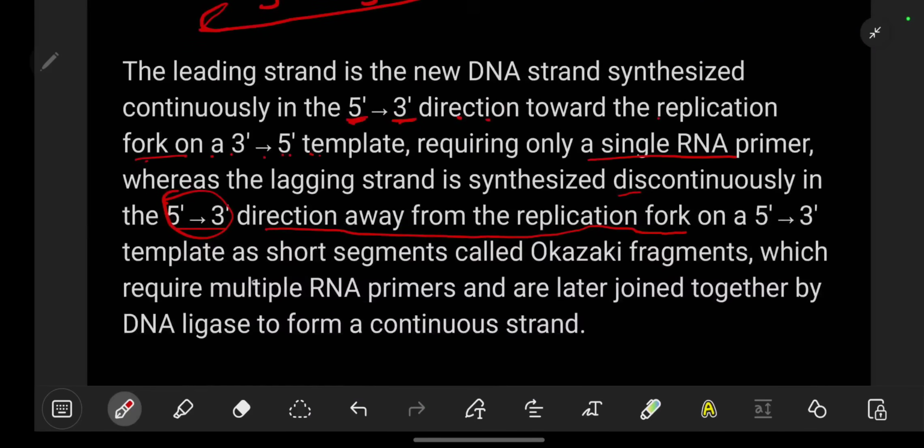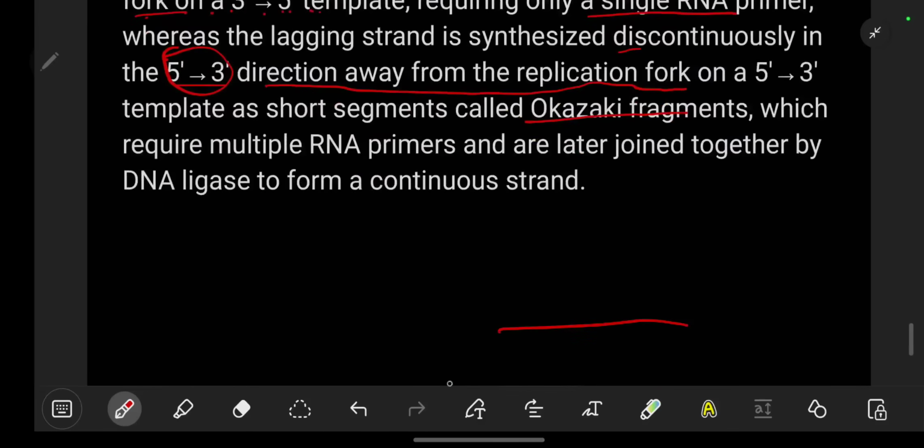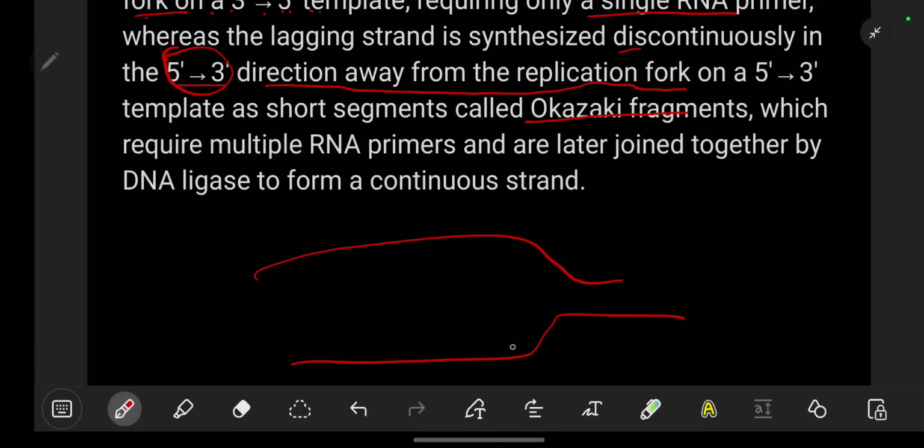replication fork. Now this template forms short segments called Okazaki fragments. So these Okazaki fragments are more like spaces. If you have the DNA there, then the space, we have the DNA there, then the space is what we are going to call the Okazaki fragment. Not the space, sorry.